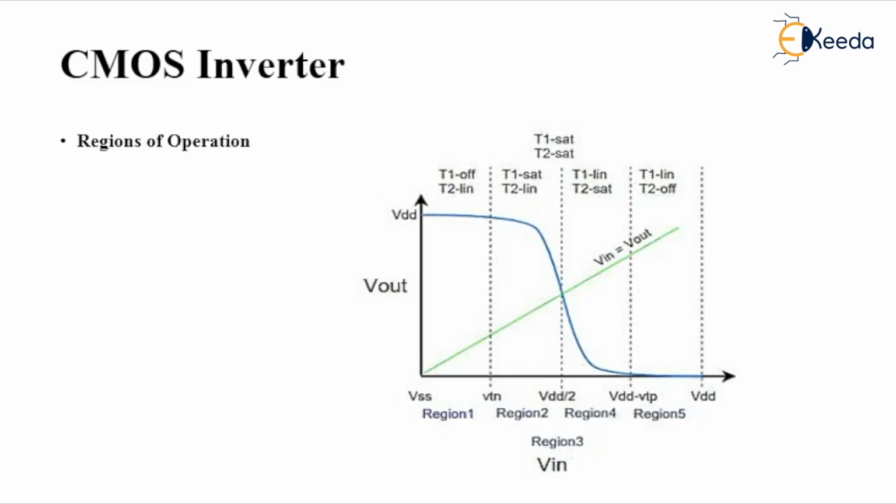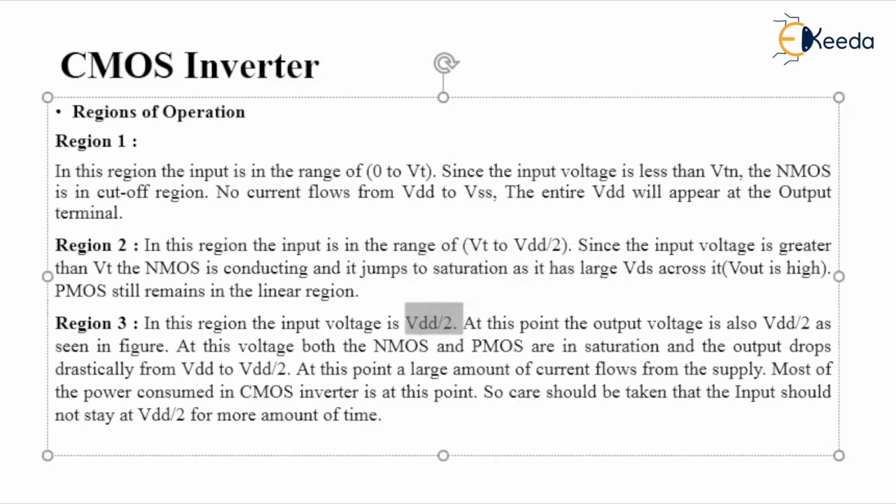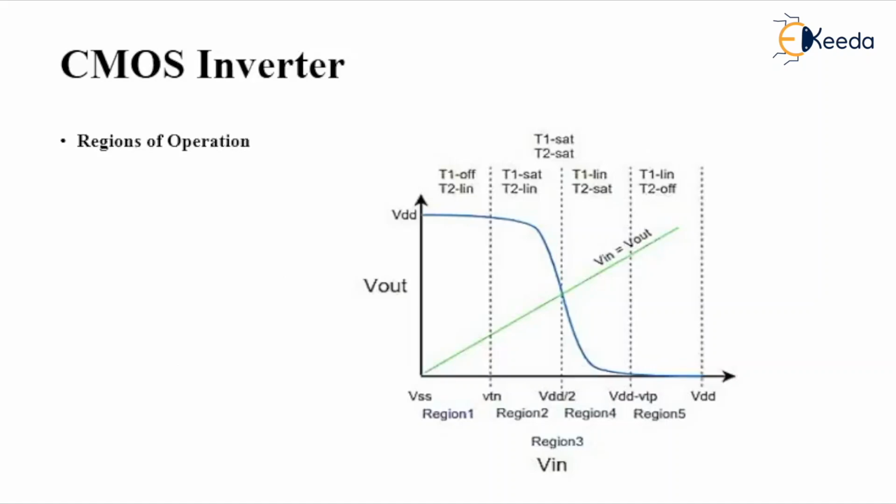In case of region 3, the voltage is at the point VDD by 2. At this point, the output voltage is also VDD by 2. If you see the picture very clearly, at this point of intersection in region 3, the input and output are equal. So the input is VDD by 2 and the output is also VDD by 2.